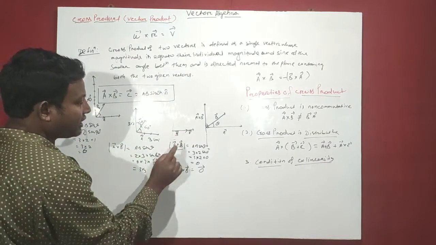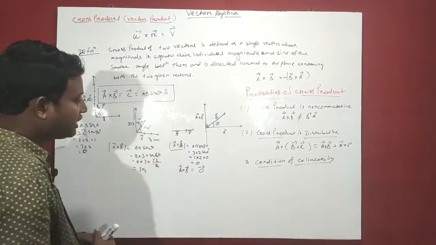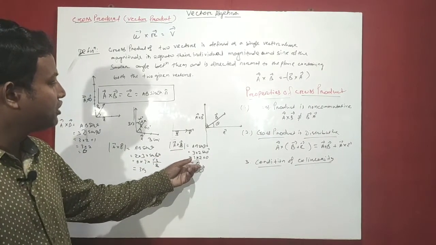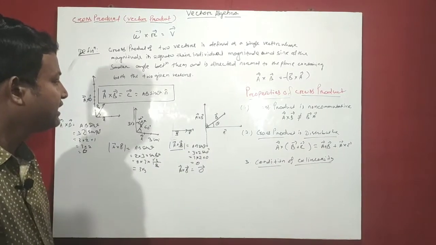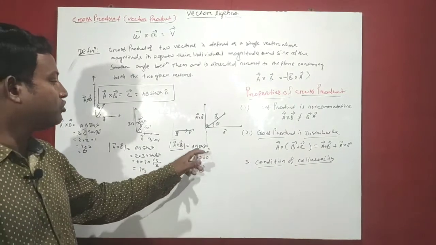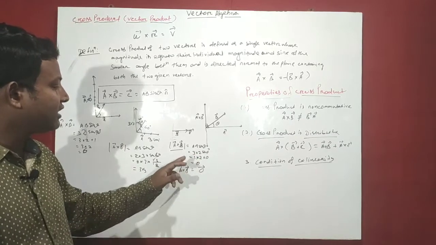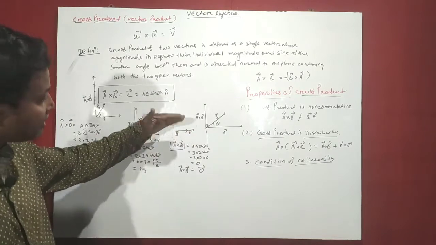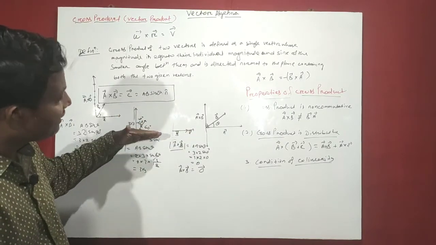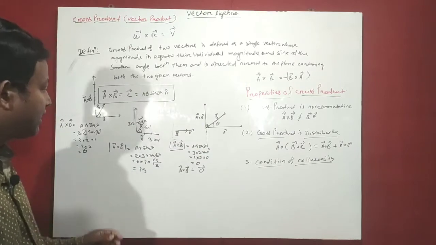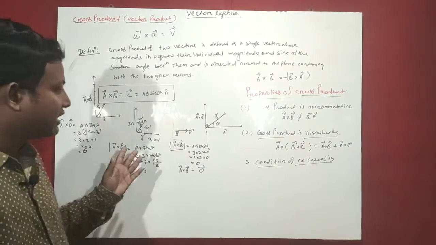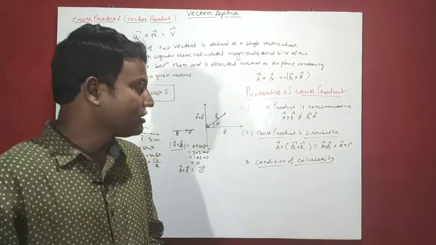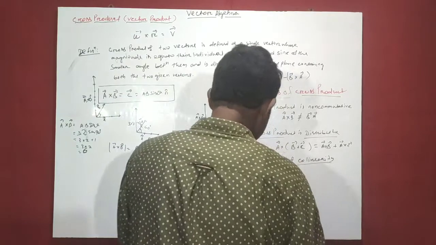We have already proved that the magnitude of A cross B, AB sin theta, is 0 when the angle between the two vectors A and B is 0, so their cross product is a null vector. B coincides with A, they are in one direction, and we can also have vectors that are just opposite to each other.